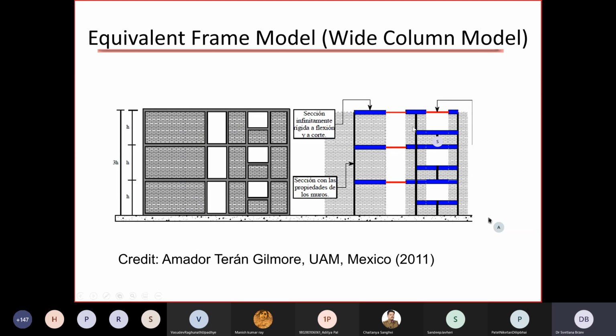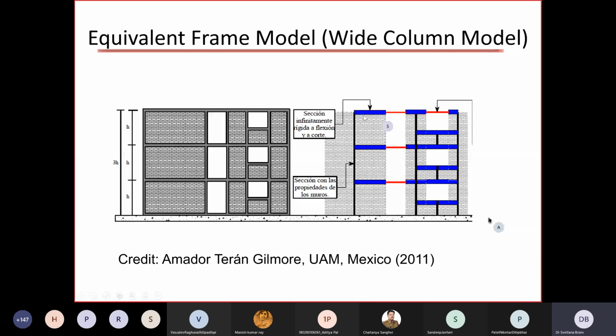We can simulate each by a column, which is called a wide column. So this method is sometimes called the wide column model. That column is located at the center of the wall, and it has properties of masonry and concrete. It is like a transformed section. And similarly, these other 2 walls are shown as these vertical black lines. Those are wide columns. And then the horizontal lines are showing basically beams.